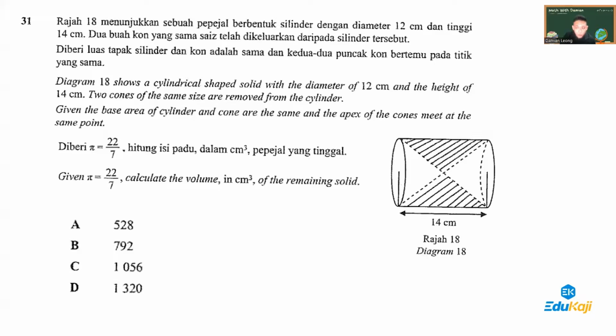And question 31. Pi using 22/7, I want the volume of the remaining solid. What happens here is I have a cylinder diameter of 12 cm, height of 14 cm.